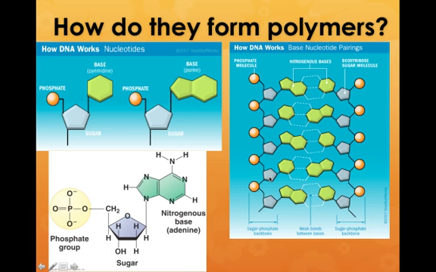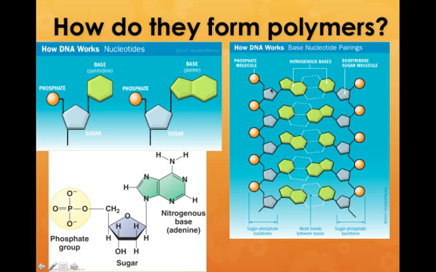Continuing, the phosphate group of this nucleotide will form a covalent bond with the hydroxyl of this nucleotide, and it continues like that. On one end you're always going to have a phosphate group hanging out, and on the other end you're always going to have a hydroxyl group hanging out. The nitrogenous bases are the thing that differs, so the sugar-phosphate backbone will always stay the same.